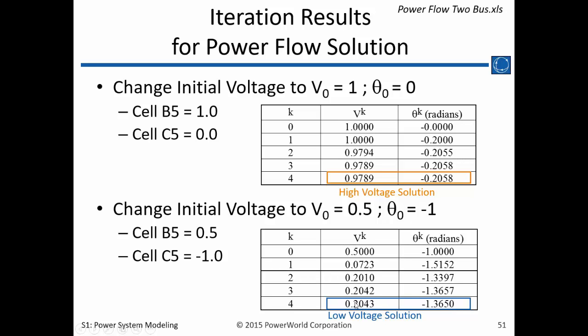We typically like to avoid this, which is why you will often see in a load flow, you always start out with values near the nominal 1 per unit voltage, because in theory, you should hopefully stay on the high voltage side of the solution if you start near the nominal value of the bus voltages.